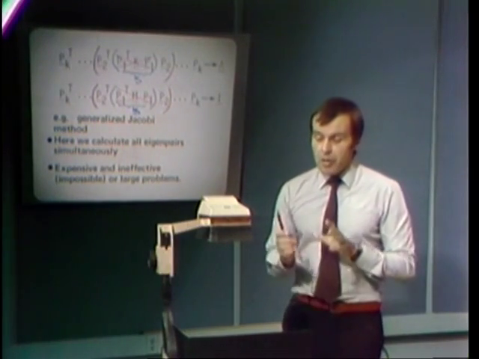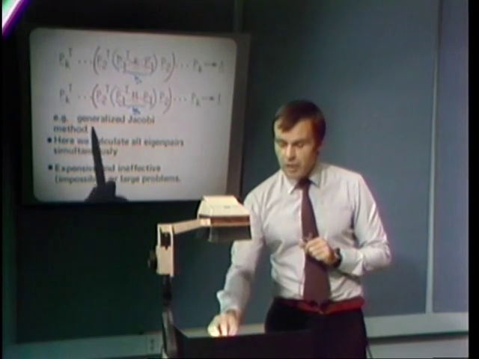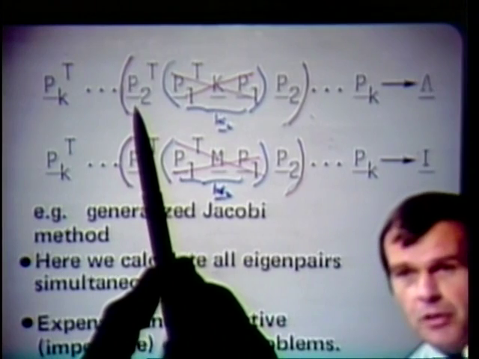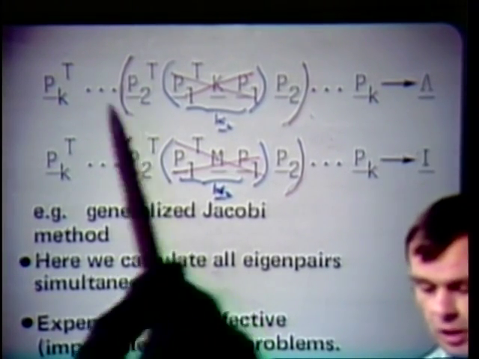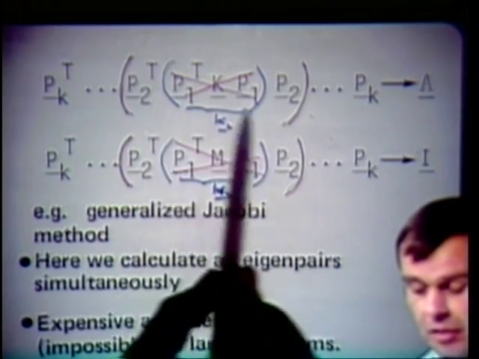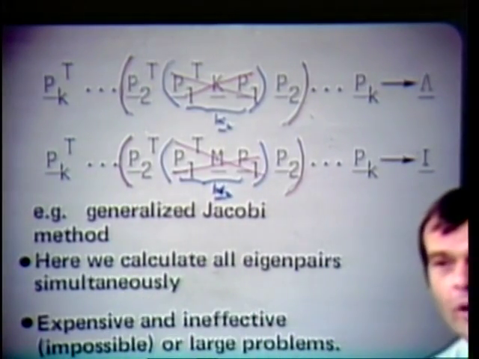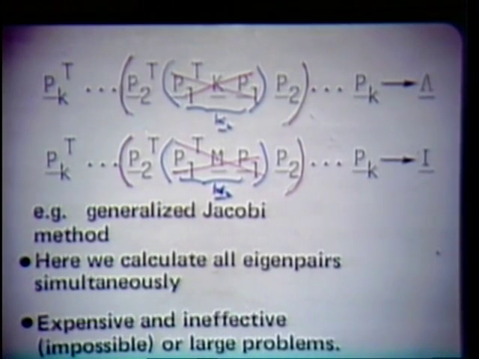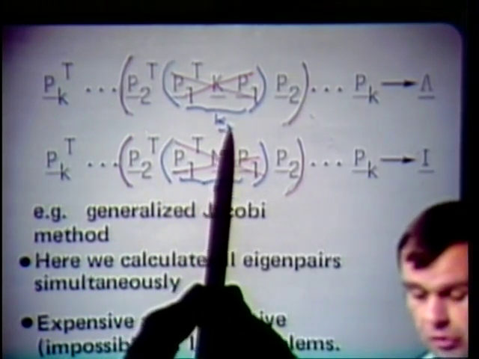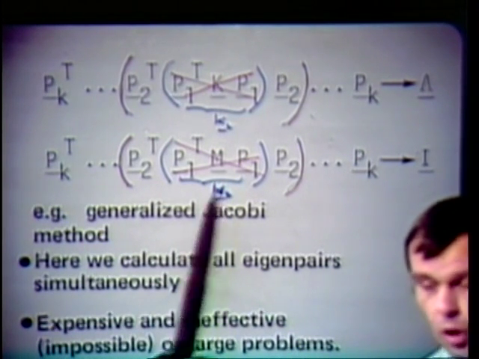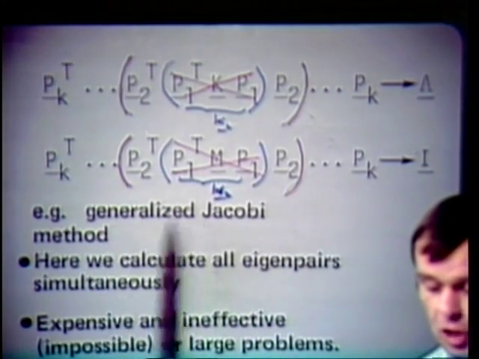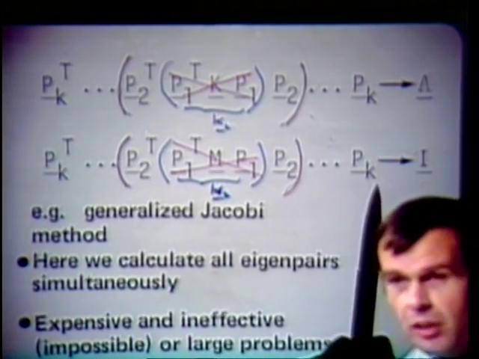Well, this is the basic process that is used in the generalized Jacobi method. We can show that if we choose specific matrices, P_i matrices, that zero always one off-diagonal element, in other words, the P_i matrix zeros a particular off-diagonal element in this current coefficient matrix, similarly for the M, current M coefficient matrix, then we know in the generalized Jacobi method that the process finally converges.